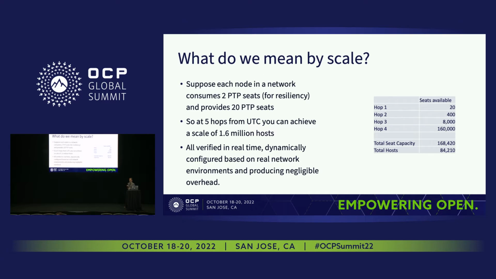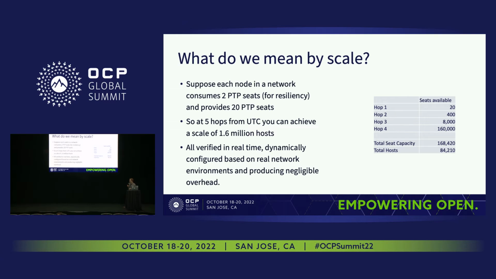So they take the time and they give the time. In this example, we're looking at each device using 2 sources of PTP for redundancy, and they send out to 20 other hosts. If we follow the maths, after one hop, you have 20, which makes sense. Then we have 400, 8,000, and 160,000 seats available. Divide by 2 because we want the redundancy. And that gives us 84,000.